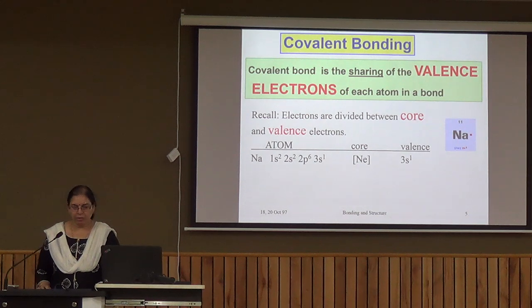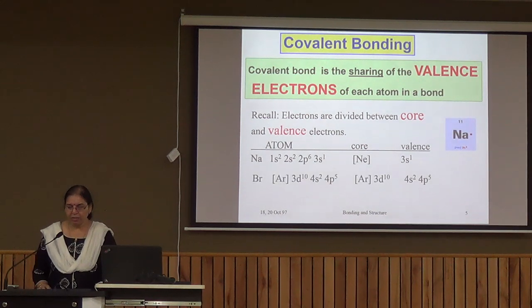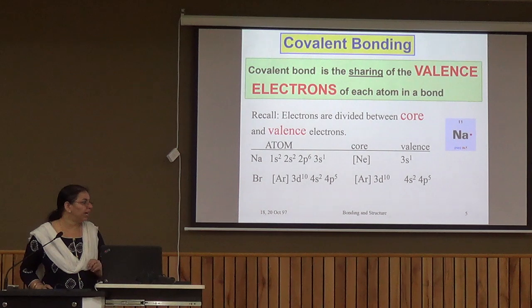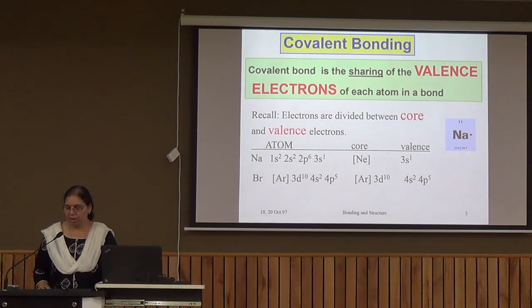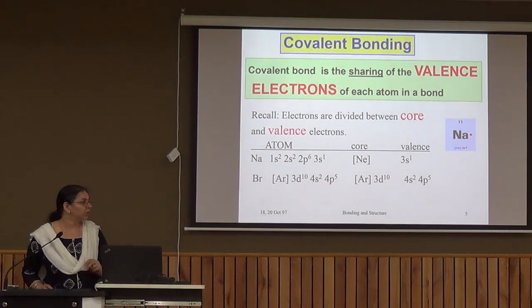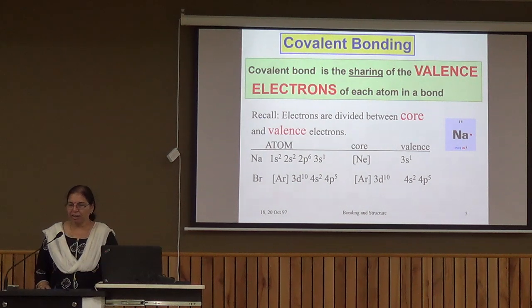And bromine. Bromine contains 7 electrons in its outermost shell, that is 2 electrons in the S subshell and 5 electrons in the P subshell. Total 7 electrons are present in the outermost shell. So it needs 1 electron to complete its octet.